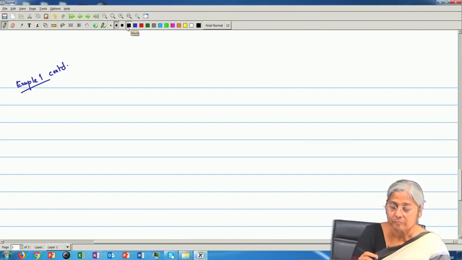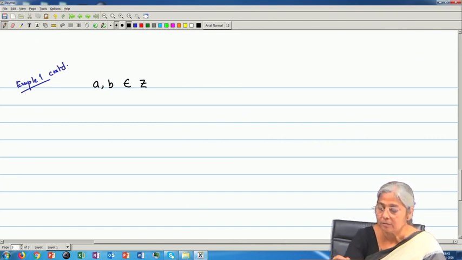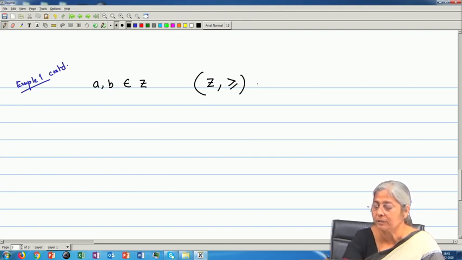If I consider a pair, say A B, belonging to Z, I am considering the set Z and the relation greater than or equal to, and I am checking whether it is a poset or not.